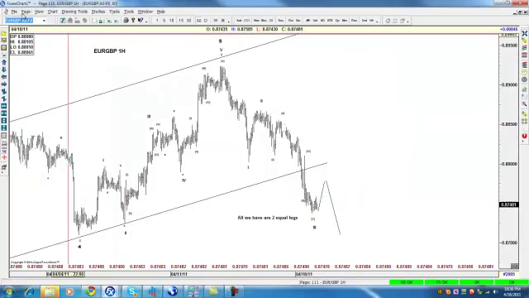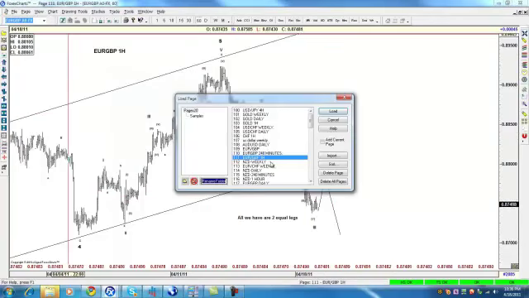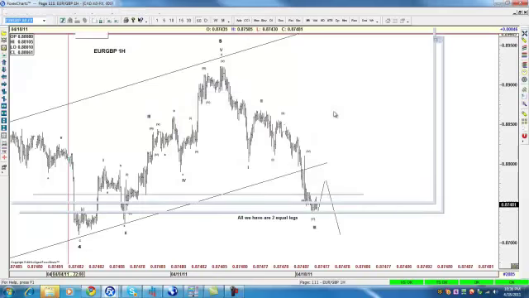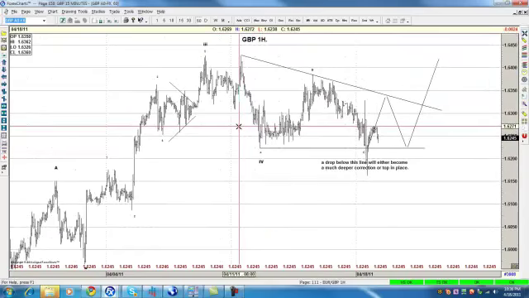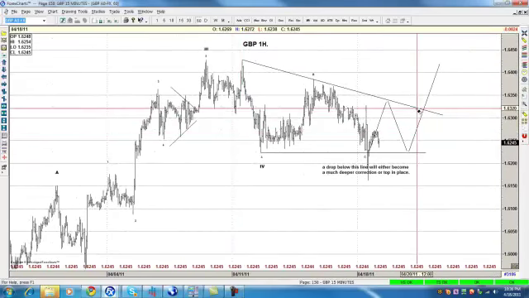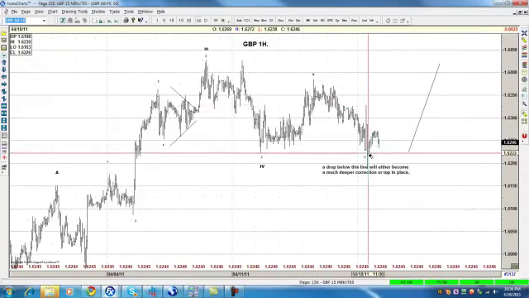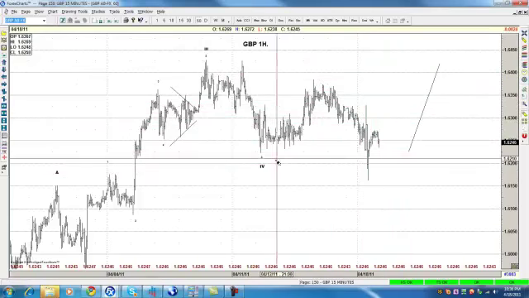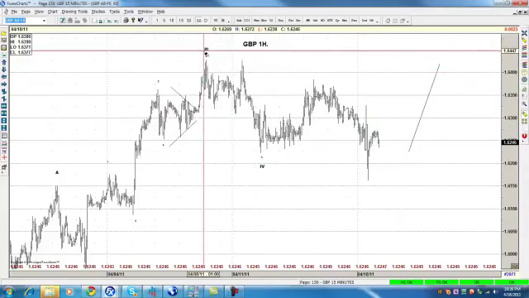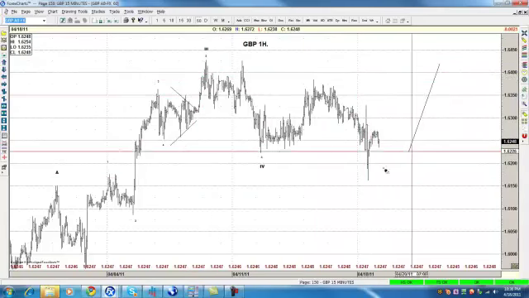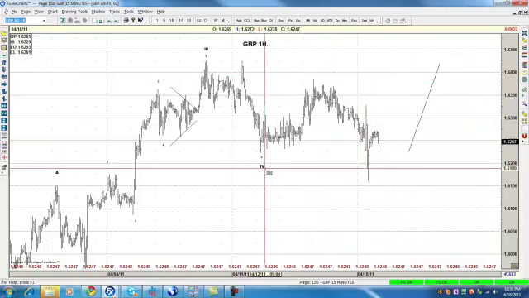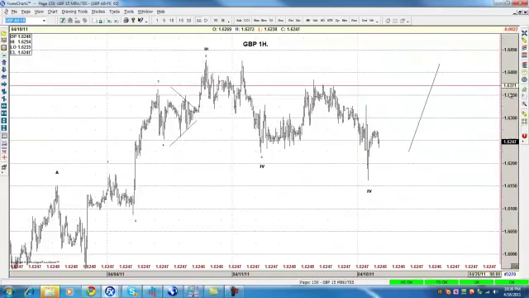Now if we look at the pound, now that we already saw the euro, the pound hasn't shown really what direction it's going to trade. The pound can be seen as this being wave 3, and then it can be labeled as ABC WXY, and this being wave 4 with another high coming in.